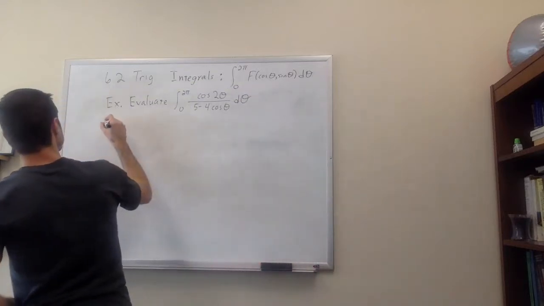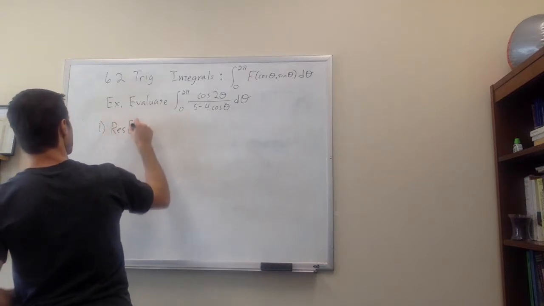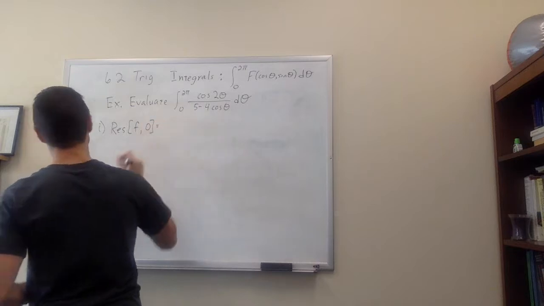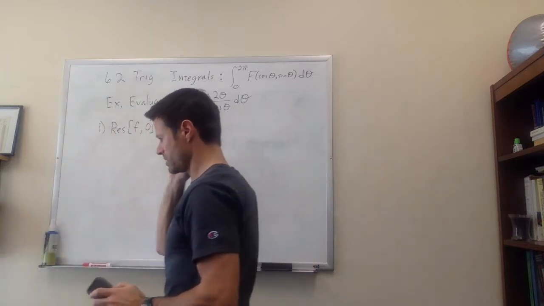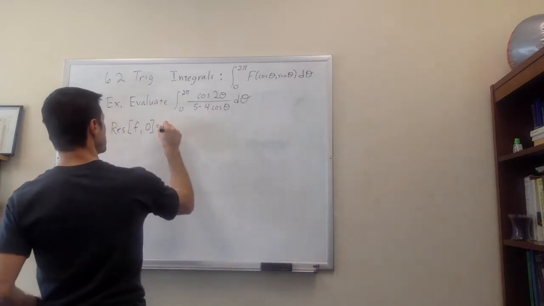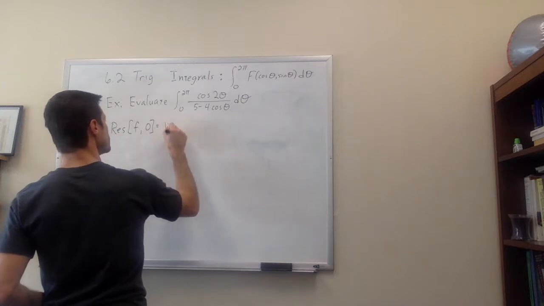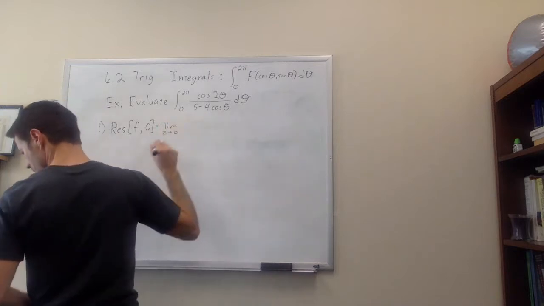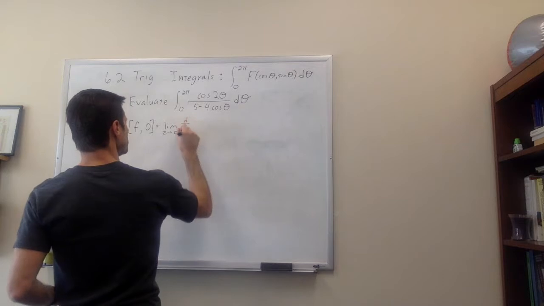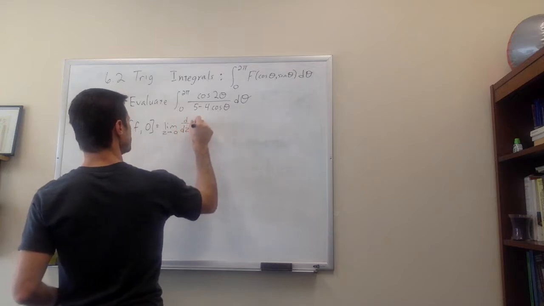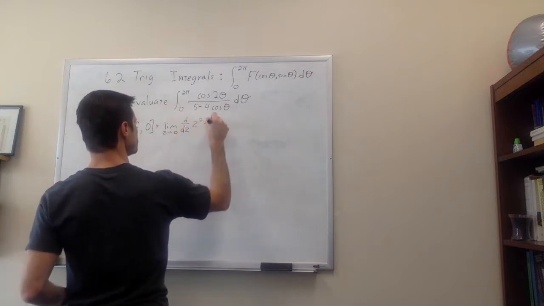To compute first the residue of f at 0, using theorem 1 in chapter 6, this is equal to the limit as z approaches 0 of the first derivative of z squared times f of z.